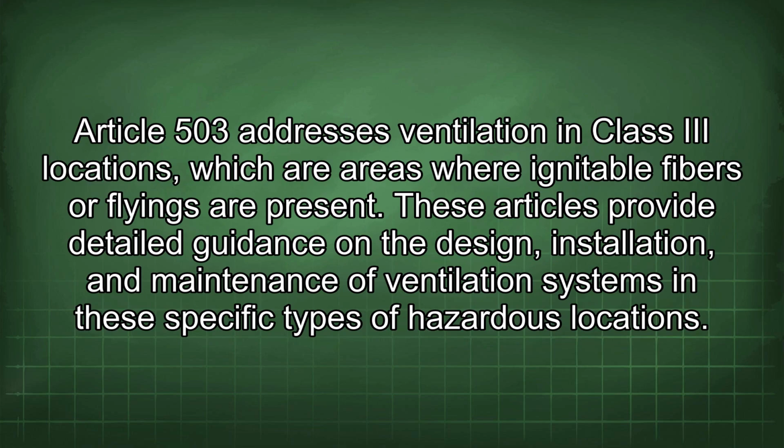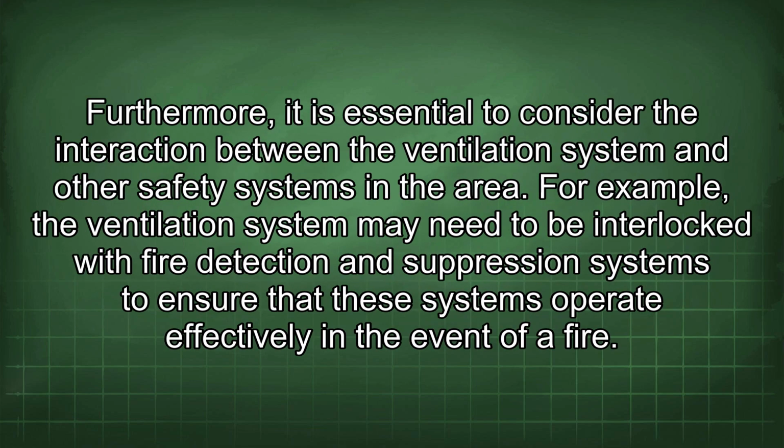Article 503 addresses ventilation in Class III locations, which are areas where ignitable fibers or flyings are present. These articles provide detailed guidance on the design, installation, and maintenance of ventilation systems in these specific types of hazardous locations. Furthermore, it is essential to consider the interaction between the ventilation system and other safety systems in the area.